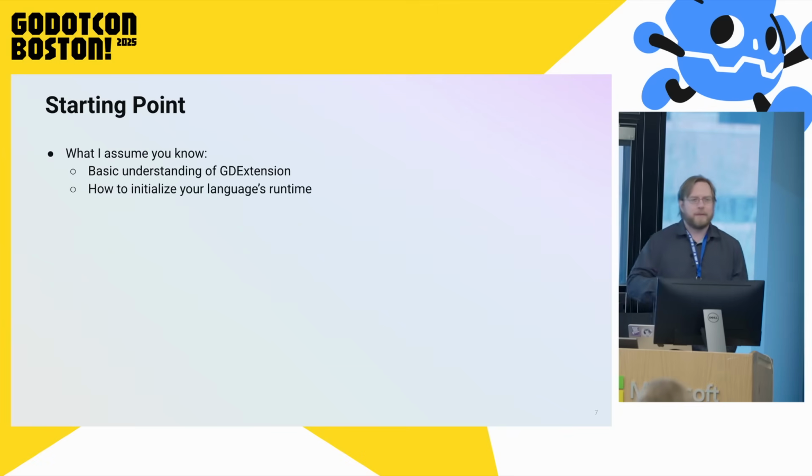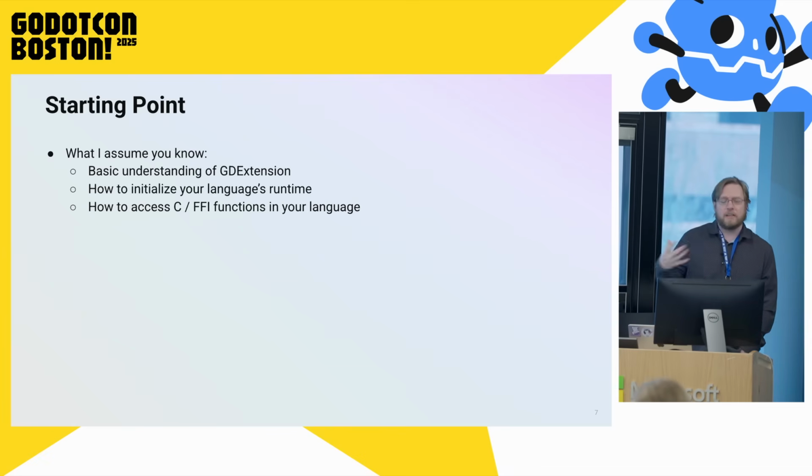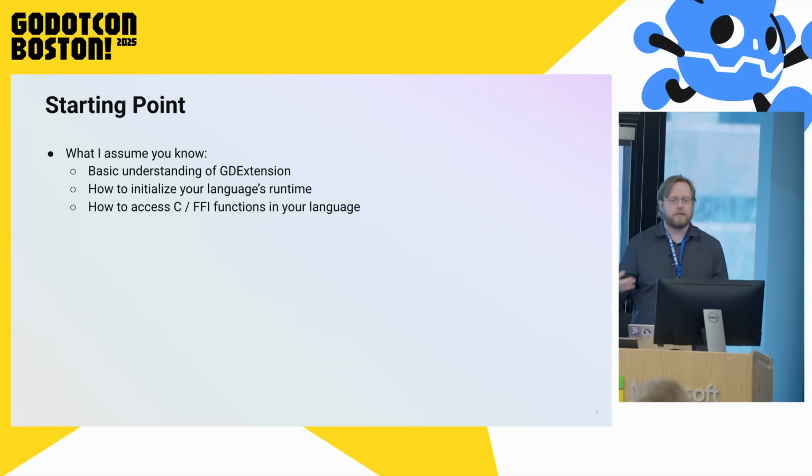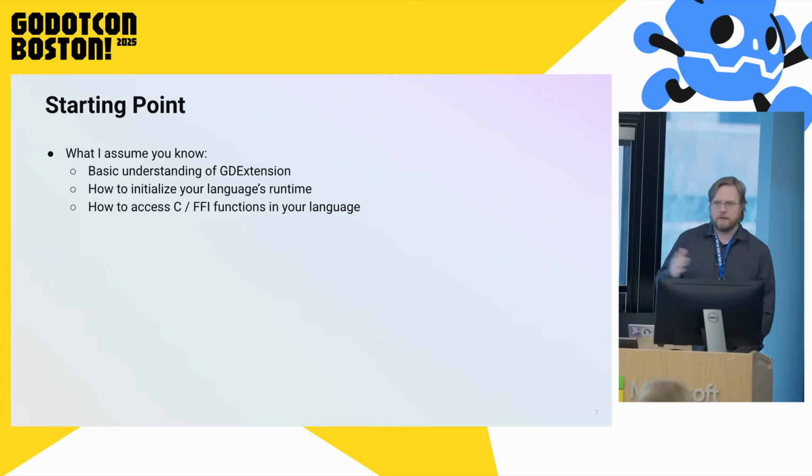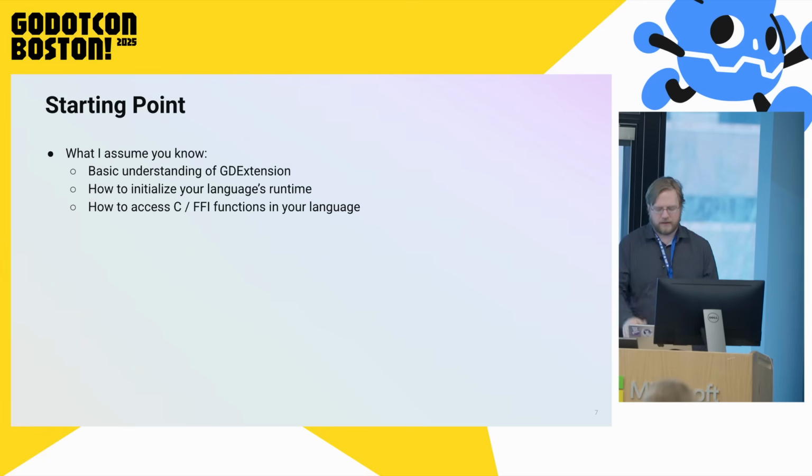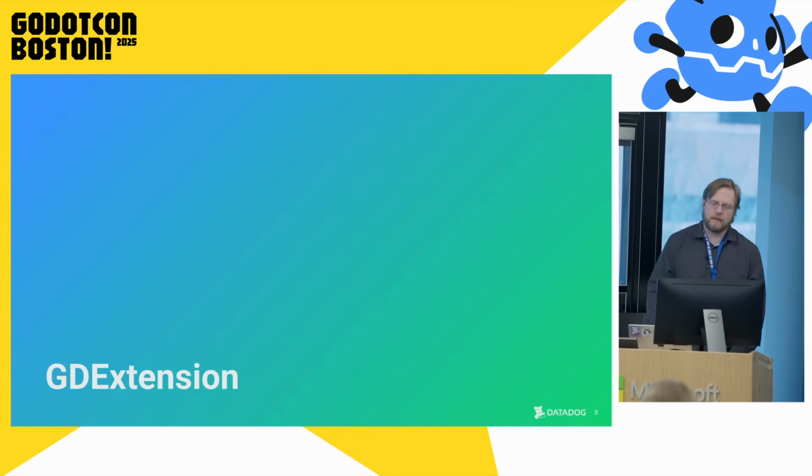I'm not going to be going over how to do a lot of this stuff, even as it relates to Dart, so you need to have an understanding of how your language works from an embedding perspective. And then I also need you to know how to access C and FFI functions from your language. In old Dart, this was done through message calls back to the Dart runtime. Now they have FFI. Whatever your language does, you need to understand how to do that. So I won't be going over it.